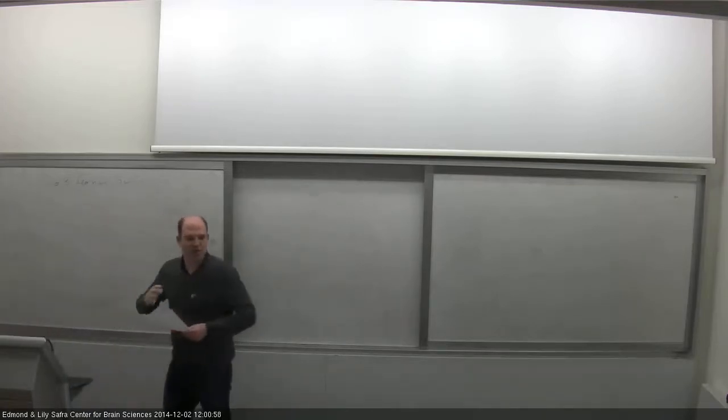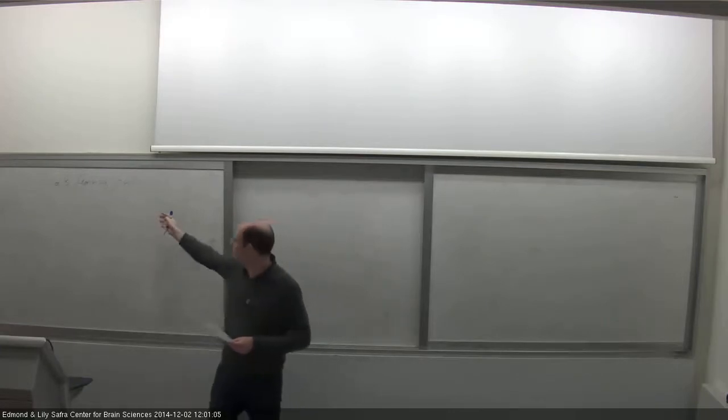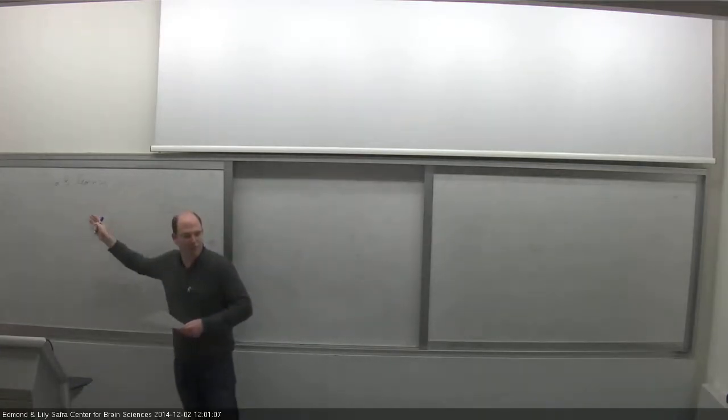So we have our n neurons, or n inputs, which I'm denoting by x, and I'm looking at a very simple model of a neuron, which is just an object that sums linearly the inputs that it receives with some weight, and that generates its output.